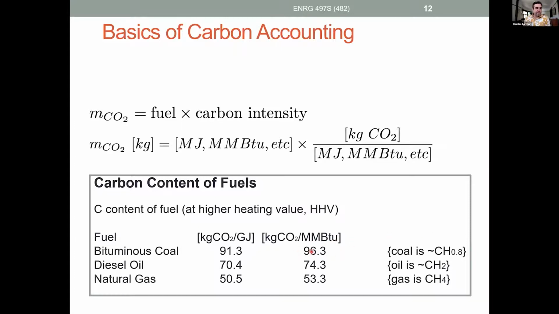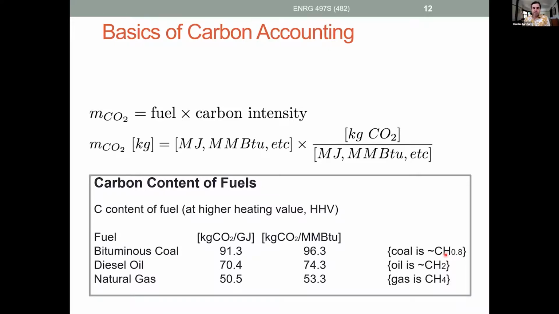And you can see that their carbon intensity, or their carbon dioxide intensity, is different for these different fuels, and it's directly associated with their carbon to hydrogen ratio. You get energy and light from burning hydrogen in an oxygen environment, and you get energy and light from burning carbon in an oxygen environment. The product of burning hydrogen is water. It's not a greenhouse gas. Well, it is, but it just falls out as rain right away, so it's not something we need to keep track of.